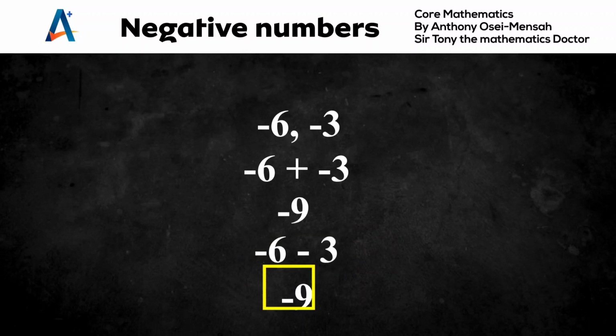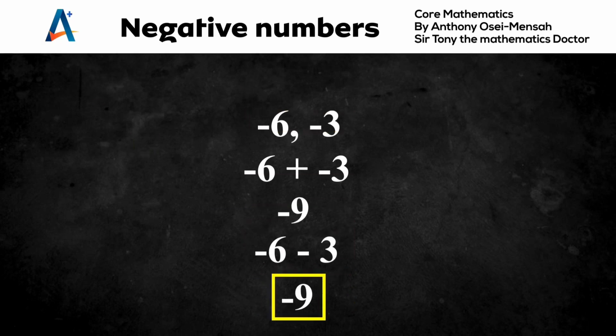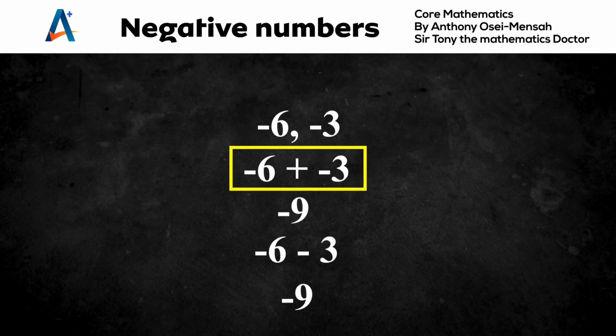So the answer becomes -9. When you have a negative number and another negative number, note that two numbers are added and in the final answer, you still put the negative. So -6 - 3 will give you -9, and -6 plus -3 will also give you -9.